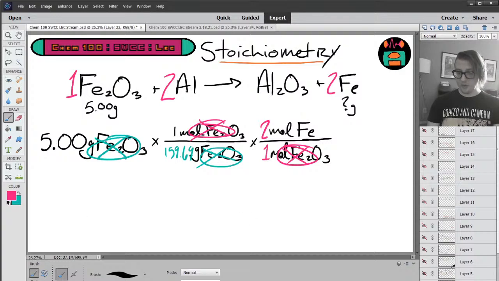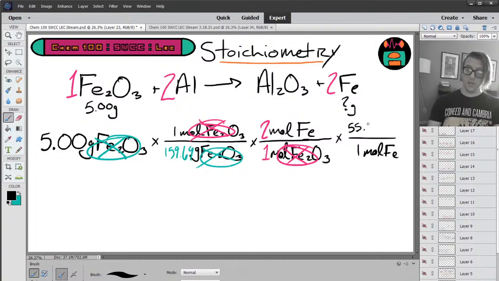Finally, we need to convert from moles of iron to grams. Because iron is not a molecule, we can pull this straight off the periodic table. 1 mole of iron has a mass of 55.845 grams.